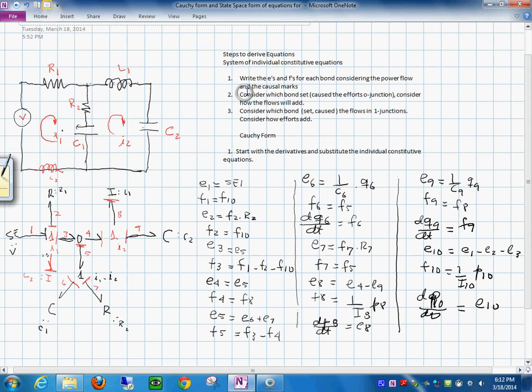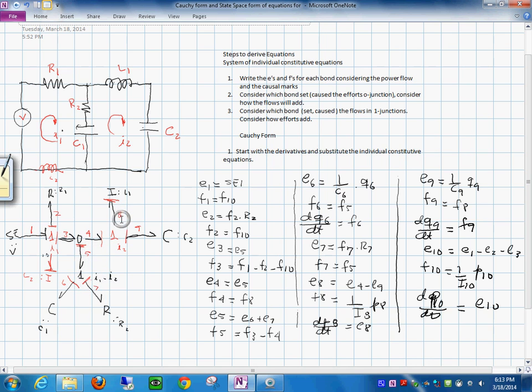We have considered which one caused the efforts on the zero junctions, because in this zero junction, for example, E sub 5 is the one, so E4 has to be E5 and E3 has to be E5 also. In this one, the flow was caused by F5, so F sub 6 and F sub 7 are equal to F sub 5, the one that caused it.